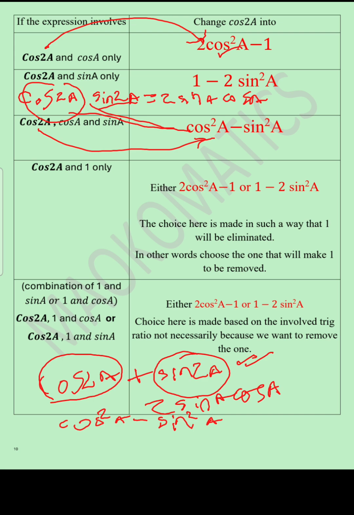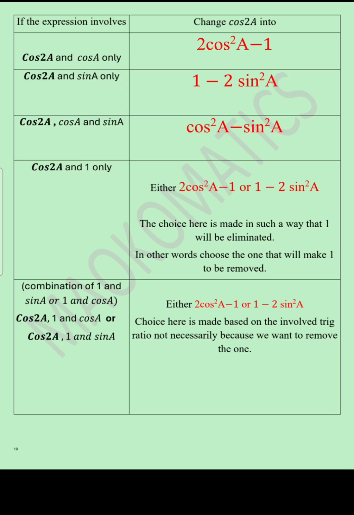It must be changed to that. Because this is the double angle identity of sine, which involves cos and sine. Unlike when you have sine of a single angle, then it corresponds to the one that has got sine only. Right. So let's look at an example.